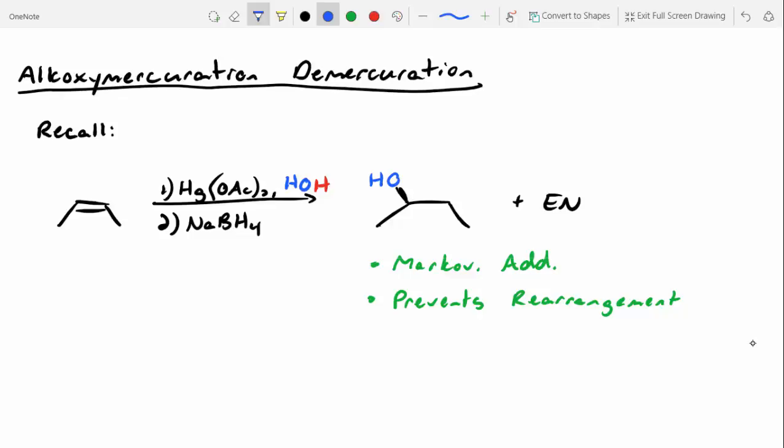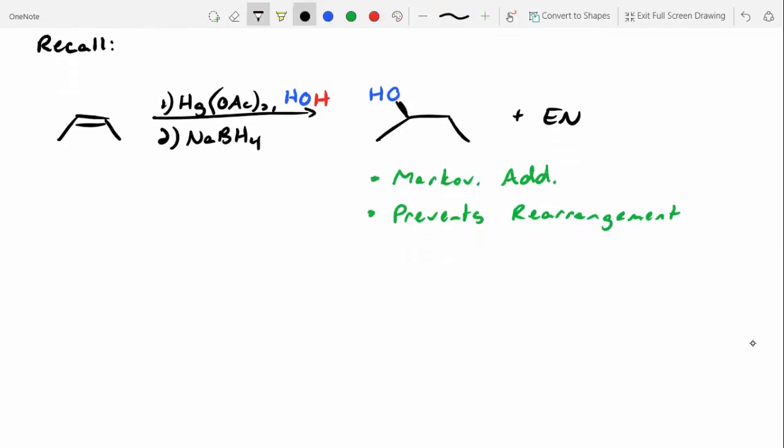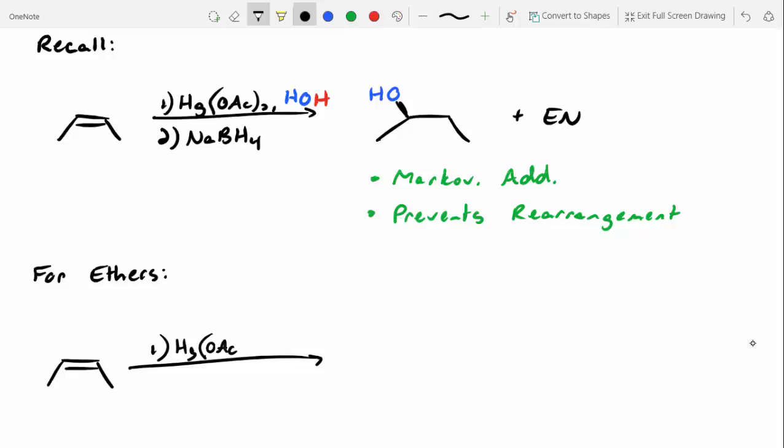If you want to make an ether, don't use water. Use another alcohol, something without that red hydrogen coming off of it. So for ethers, it's super similar. First step, we still use mercuric acetate. Step 2, we use sodium borohydride.